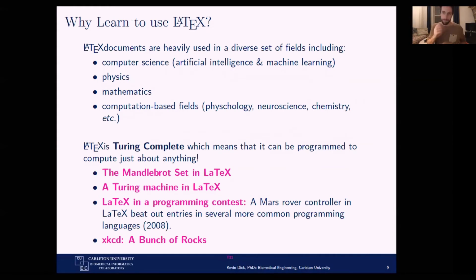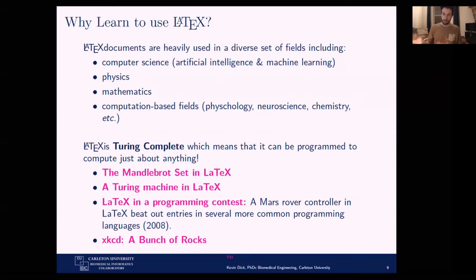So the first is that it's very heavily used in certain subsets of fields. Those again are computer science, predominantly artificial intelligence and machine learning. Data science is a bit of a weird catch-all term. There is artificial intelligence and machine learning at the basis of data scientific systems, and certain data science journals will use LaTeX documents and templates.